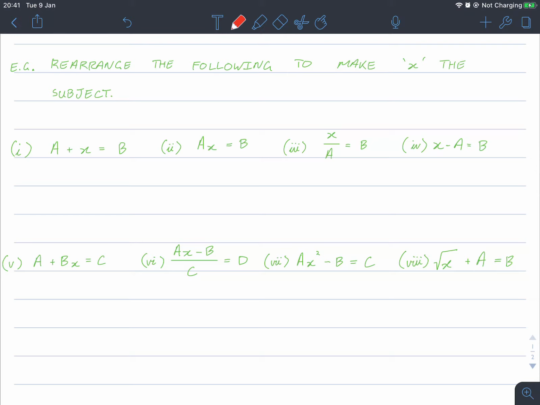So for example, here we have A plus X. If A were a number, how would we get rid of it? Well, we would get rid of it by subtracting A on both sides.